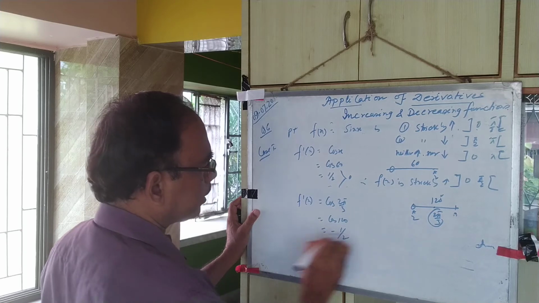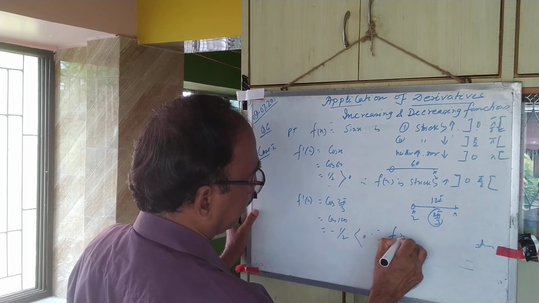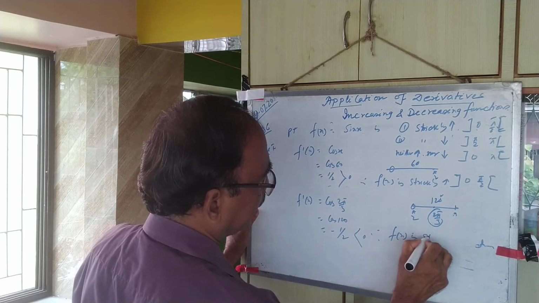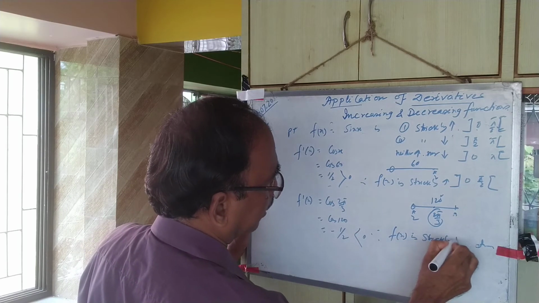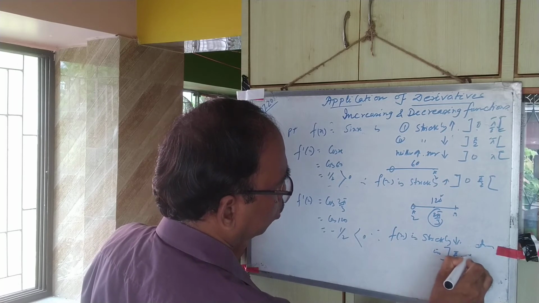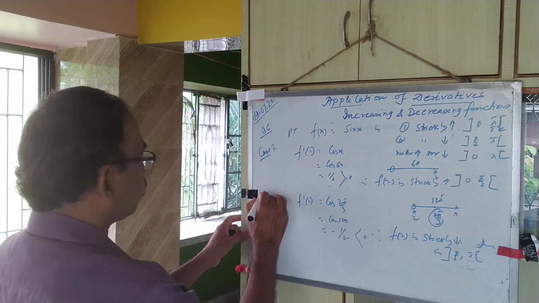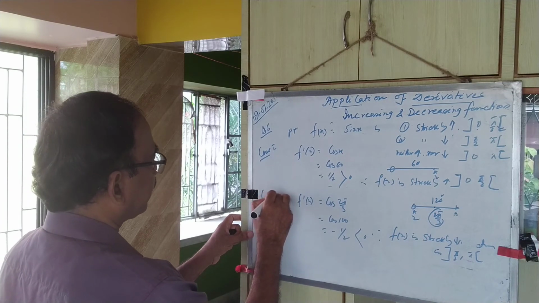Cos 120 value is minus half, which is less than 0. Therefore f(x) is strictly decreasing in pi by 2 to pi. This is case 2.